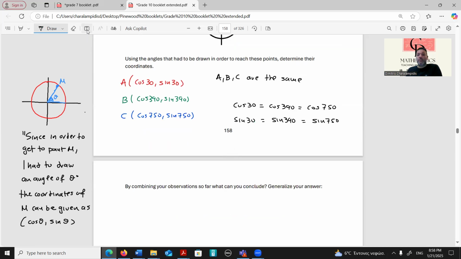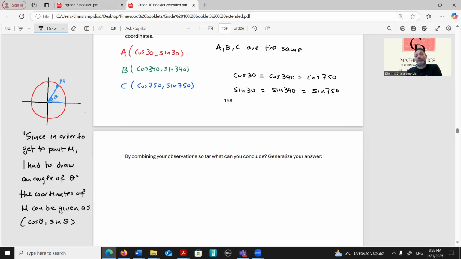Now, by combining these observations, what can we conclude? We did conclude that all cosines are the same, all sines are the same, sorry, and now we need to generalize this conclusion. Let me write that again: cosine of 30 is cosine 390 is cosine of 750.